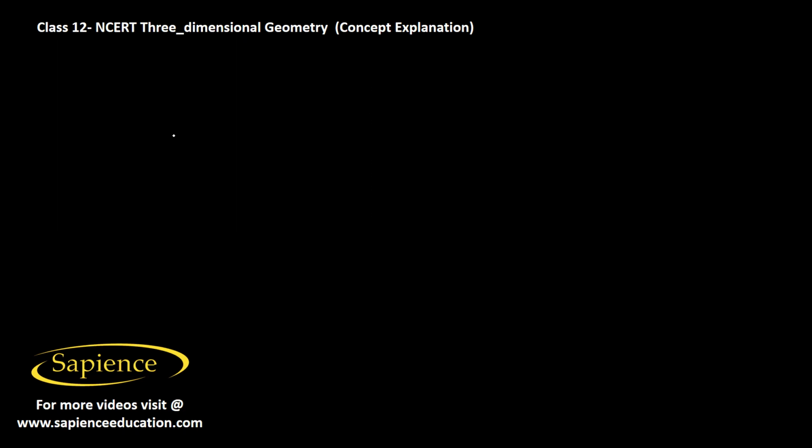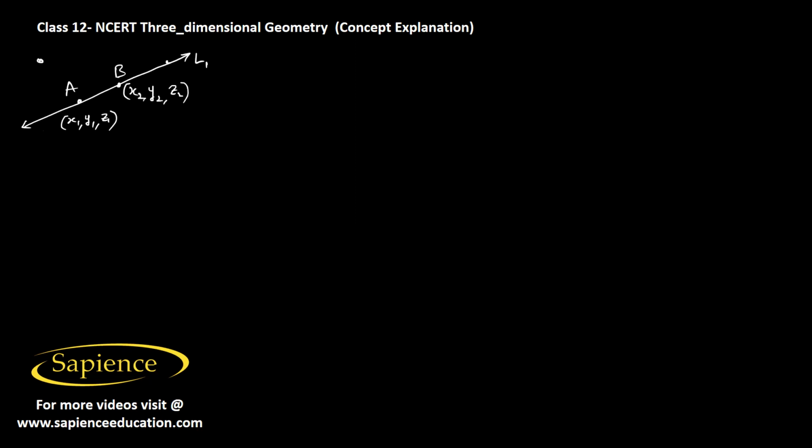Now suppose two points are given on the line, then how do we find the Cartesian and the vector equation of the line? So the next concept is, suppose we have to find the equation of the line L1, which passes through two given points A and B, where the coordinates of the point A are x1, y1, z1, and the coordinates of the point B are x2, y2, z2.